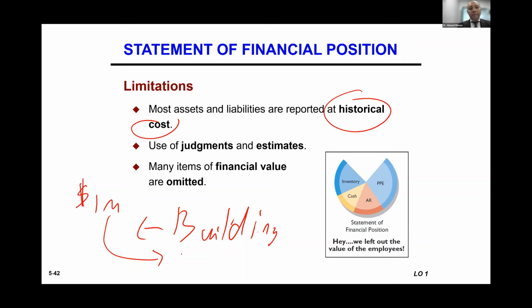It could be $3 million. How do I represent this in the balance sheet? You have to show it at its cost. You do not show the assets at fair value, you show them at historical cost, and this is a limitation of the financial position.